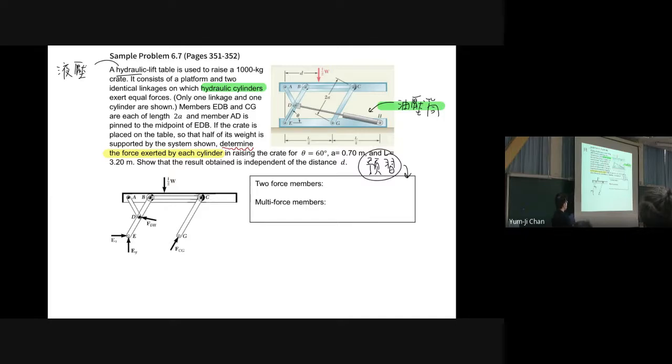Now, before we end the lecture, I've asked you to do something for me. In this structure, in this frame or in this machine, I want to know which are two force members and which are multiple force members. Are any of these members two force members?